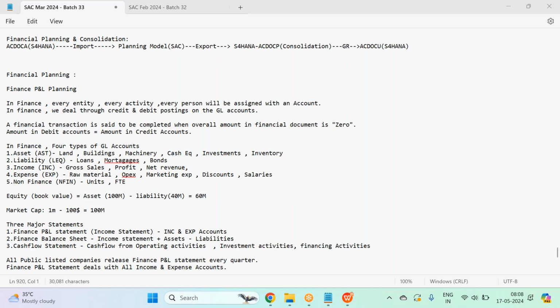Even employees will have a GL account in place, where the bank details will be attached to the GL account. So for customers, for vendors, for internals, for paying the tax, for tax also we have a GL account. For everything we have GL accounts in place.